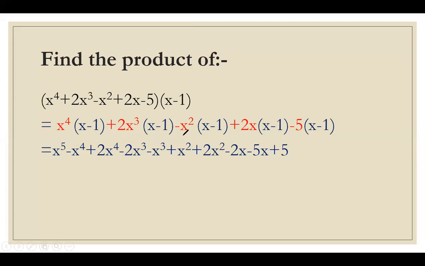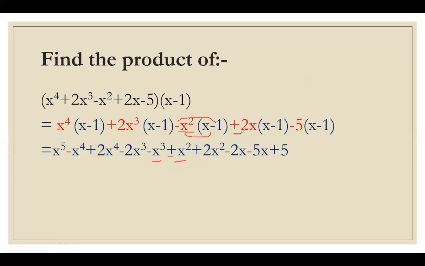So what about this third term here? Minus x square is going to be multiplied with x square, we get minus x cube, then x cube we get plus x square. Here minus minus plus, please keep in mind minus minus plus, and x square.